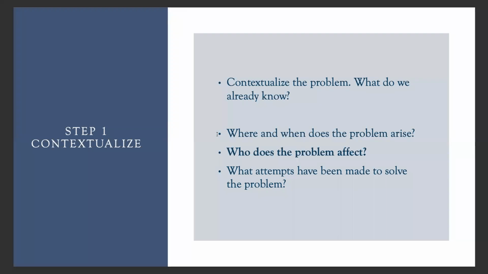You are trying to solve a new problem. So start asking what attempts have been made to solve the problem, and find that out. Once you do that, you will know what has not been done and how you might be able to help.